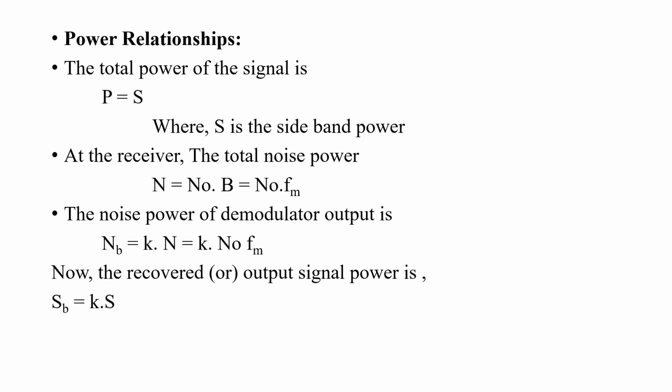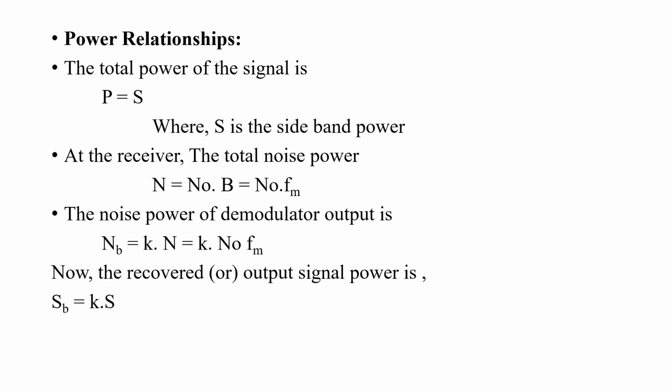The power relationship: the total power of the signal is given as P, which is the sideband power. At the receiver, the noise power is given as N, which is equal to N naught into B, where B is the bandwidth of the AM signal and N naught is the power spectral density. The power spectral density is N naught by 2, and the bandwidth B is 2 FM.